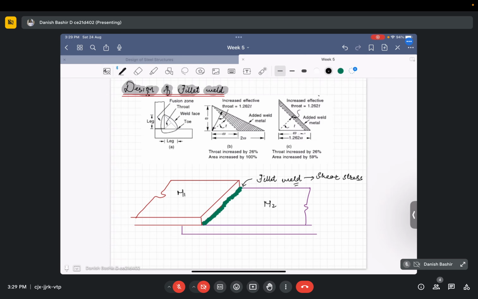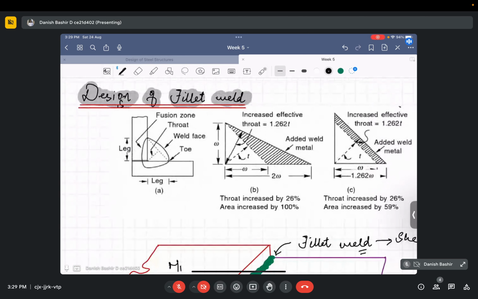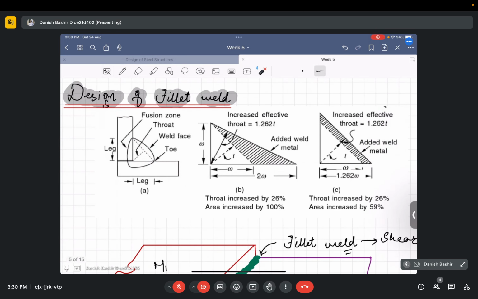That is important. So for this, we also have the same technical terms. First is the size of the fillet weld. For example, there are two members M1 and M2 overlapping each other, and a fillet weld like this has been put here. What we call the size of the fillet weld is, first we try to inscribe the largest right angle triangle within our weld.